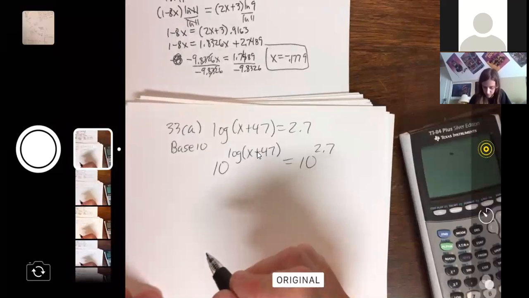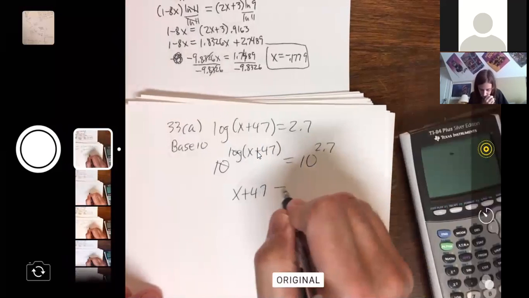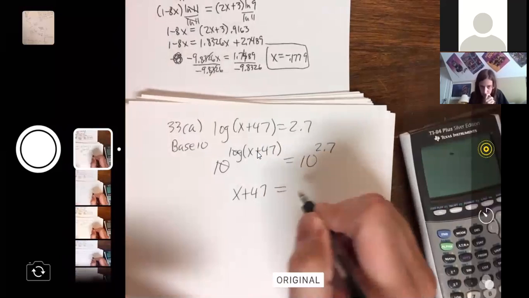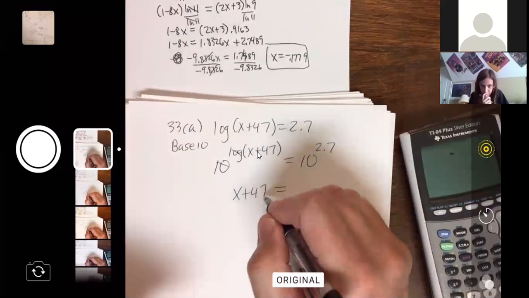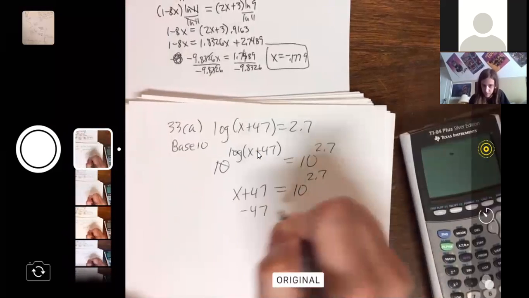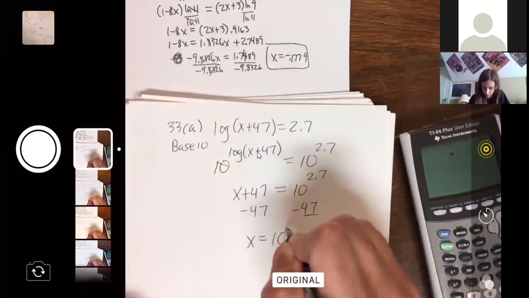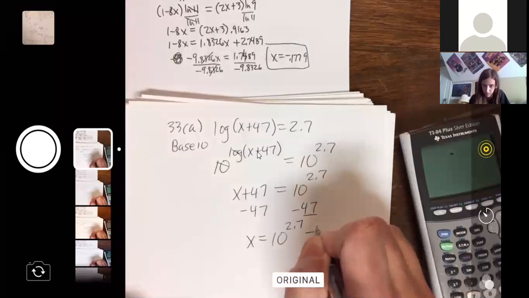So this will undo, leaving the x plus 47. I can work this out now, or I can wait till the end because all I've got to do is subtract 47. I think I'll just wait till the end. So it'll be 10 raised to the 2.7 power, subtract 47.